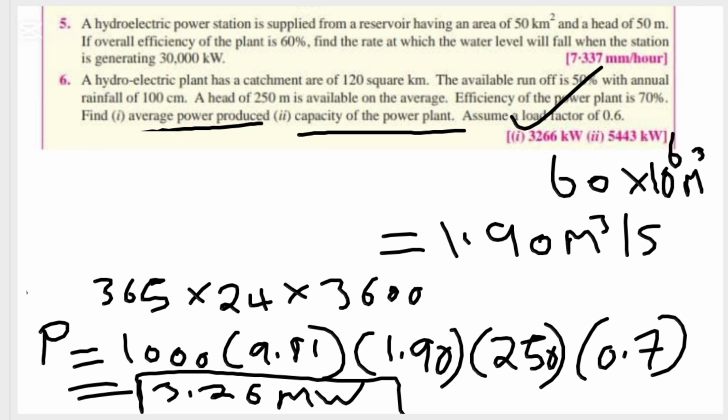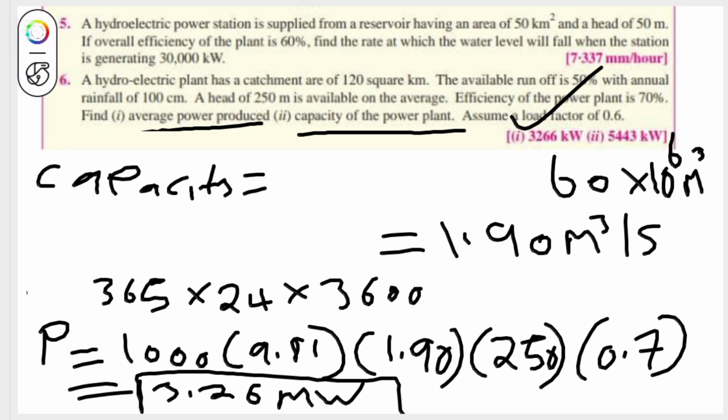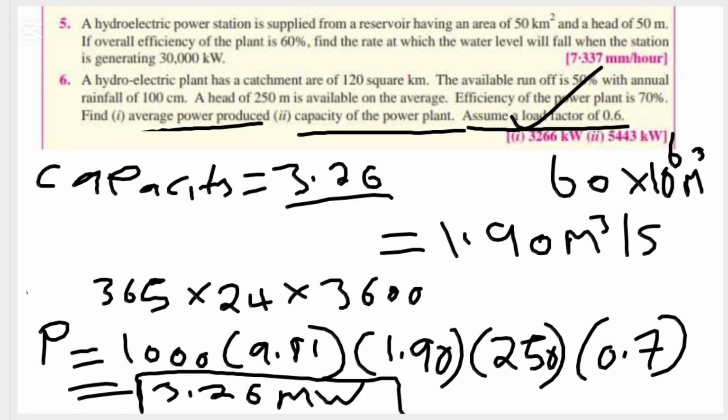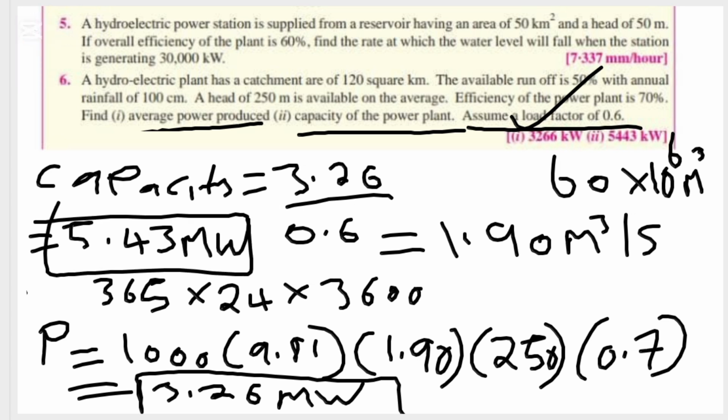The capacity will now be equal to 3.26 divided by the load factor, assuming the load factor is 0.6. So at the end, I will get 5.43 megawatts. Yes, we are done.